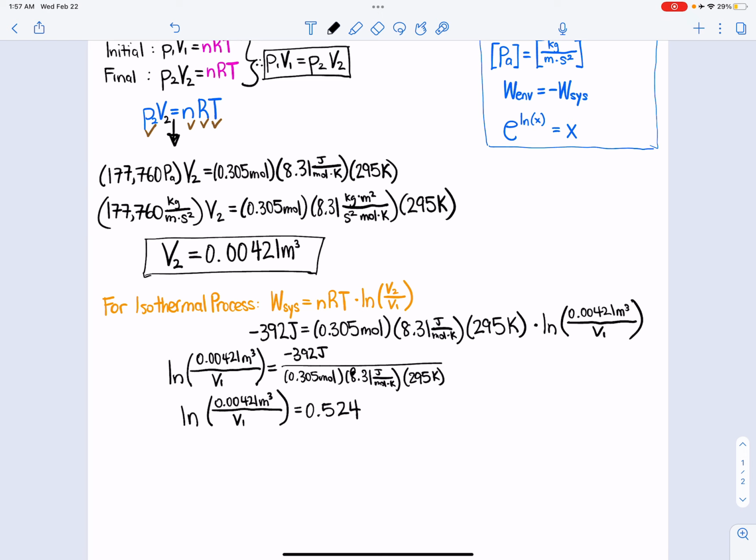And I can get rid of the natural log using this thing that is useful to know, and that is e to the natural log of x is equal to x. So I'm going to go ahead and say e to the natural log of 0.00421 cubic meters over V1 is equal to e to the 0.524. Okay?